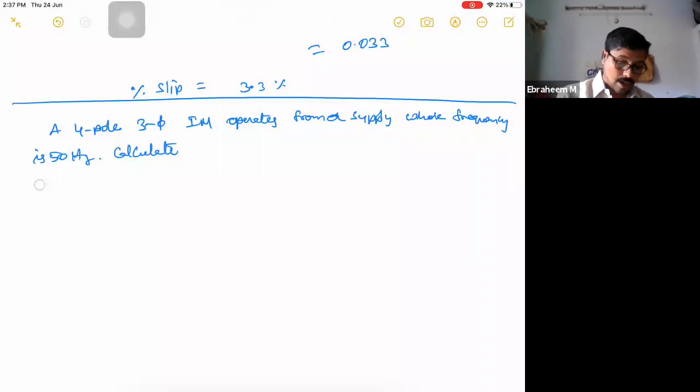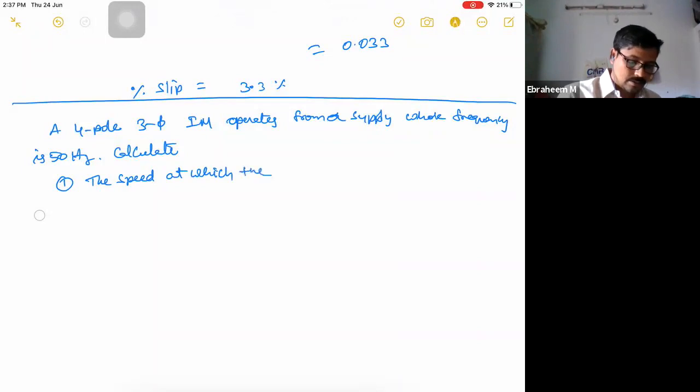Calculate one, the speed at which the magnetic field, the RMF, rotates.